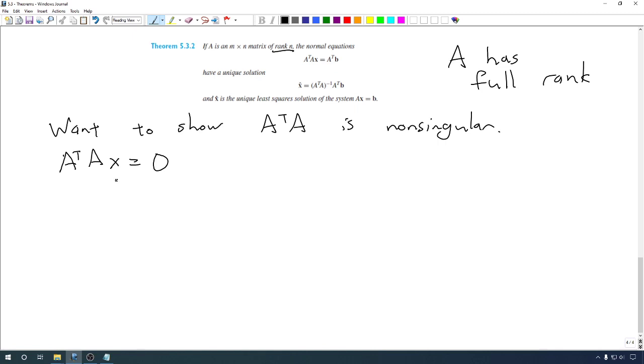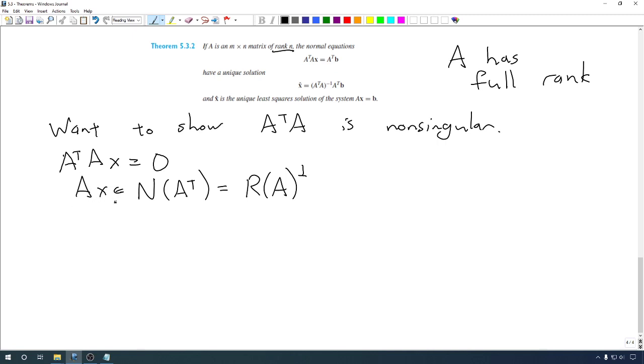Well, what does this actually mean? The fact that we take A transpose and apply it to Ax means that Ax has to be in the null space of A transpose. But we also know that the null space of A transpose is the orthogonal complement of the column space of A. However, what is this vector?